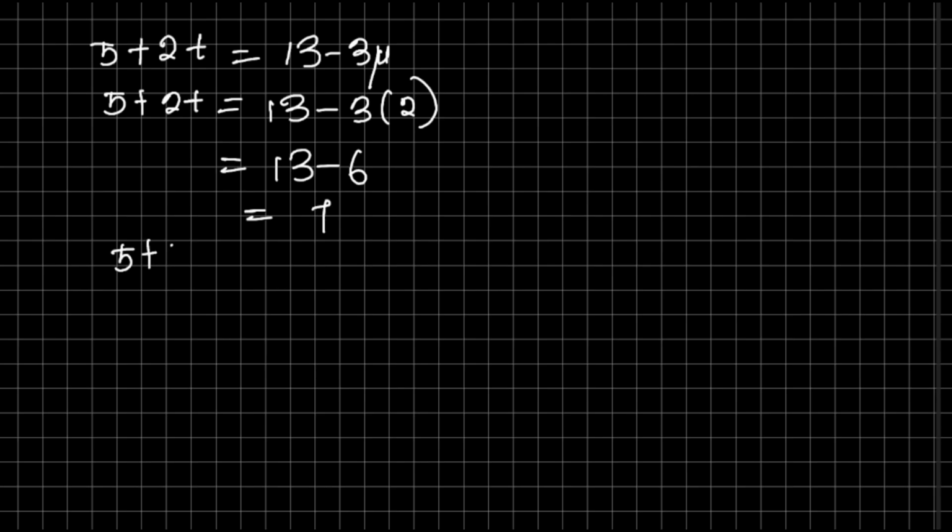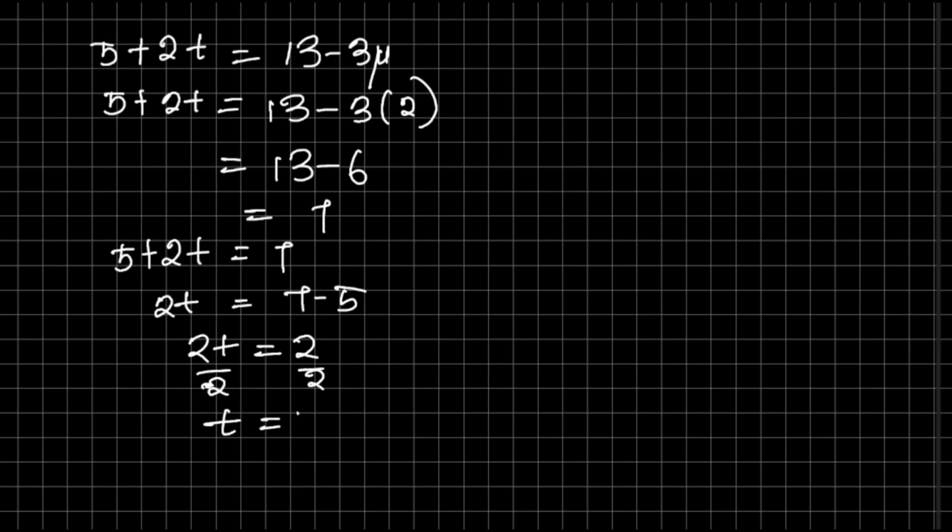So 5 plus 2t equals 7, 2t equals 7 minus 5, 2t equals 2, divided by 2, t equals 1. These values also satisfy the third equation, and we have shown that the lines intersect.